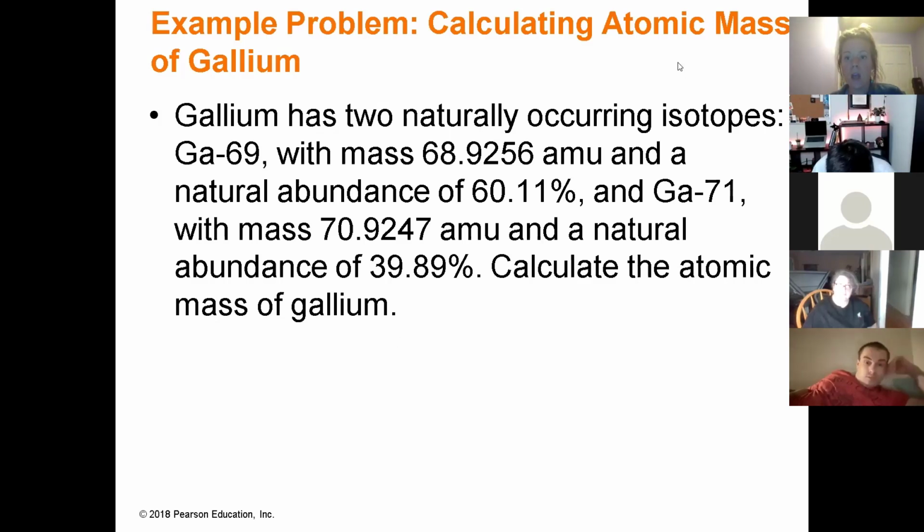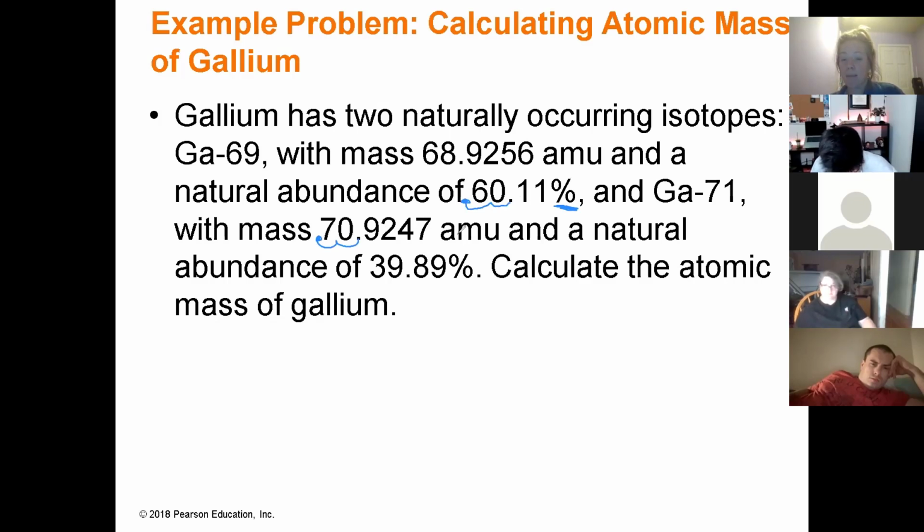Okay. So when doing these problems, make sure that you get the percentage, you get rid of it. So you divide it by 100, like 100 cents in a dollar, right? So we want to move that decimal over 2 places. So it becomes 0.6011 and 0.3989.